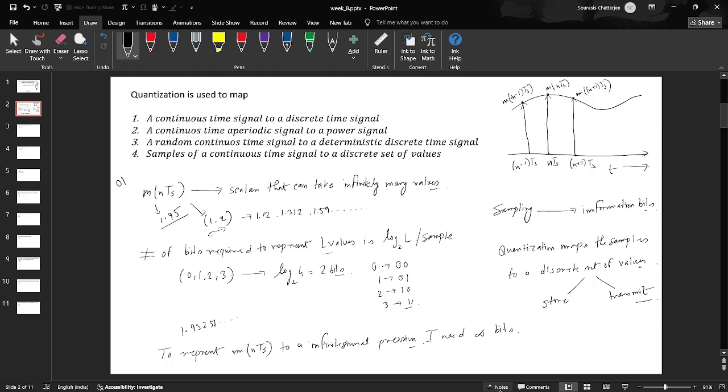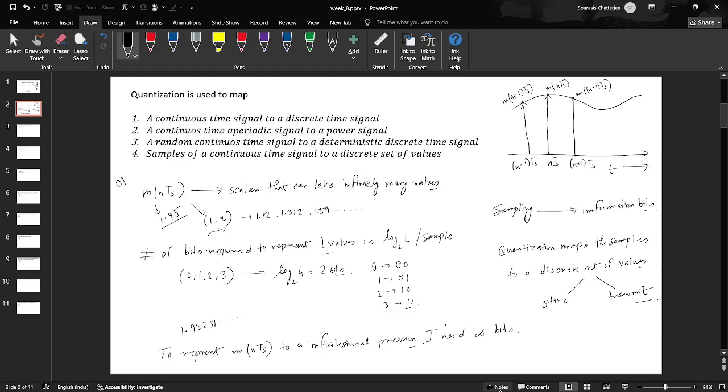You pick any sample and you map it to only a discrete set of values. You cannot map it to infinitely many values. That is not possible, because we have already seen that I would need an infinite number of bits to store or transmit even one sample. That is where quantization becomes the lifesaver.